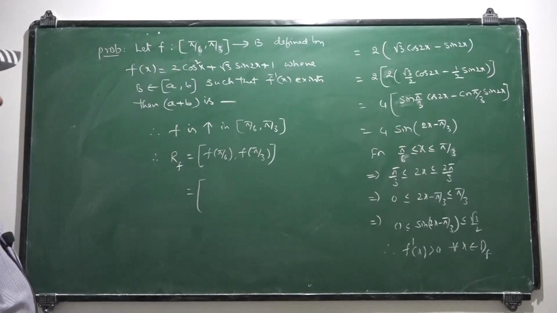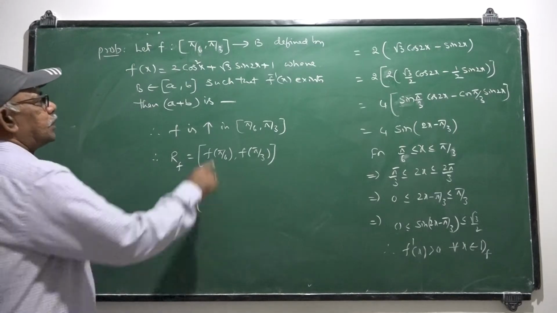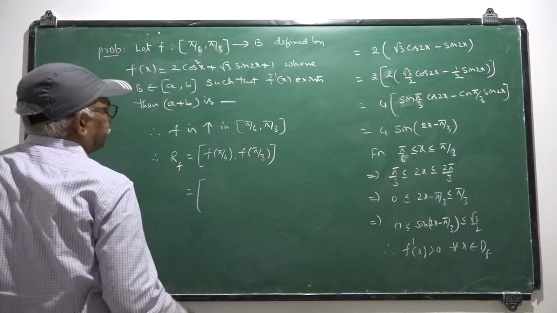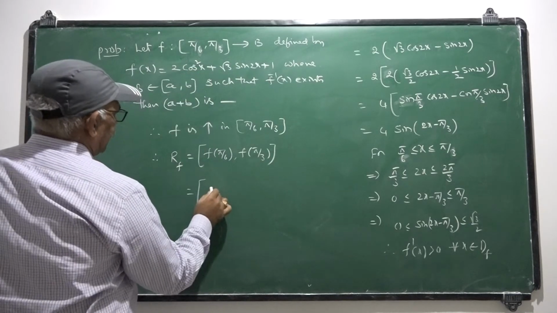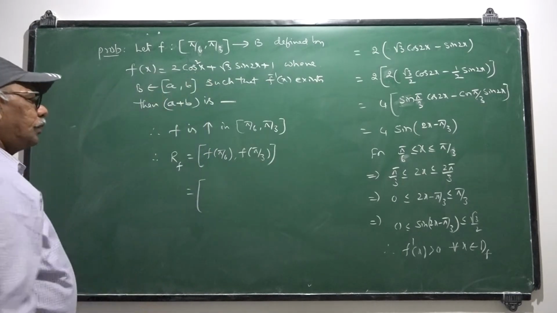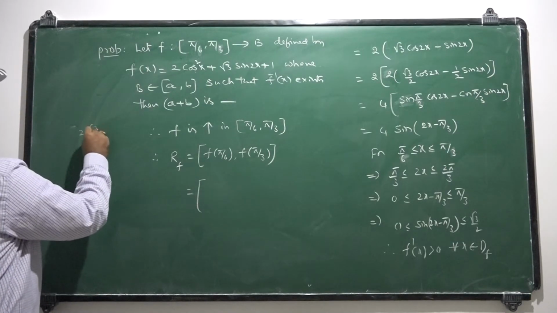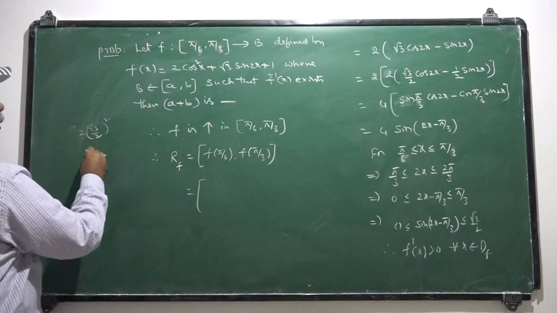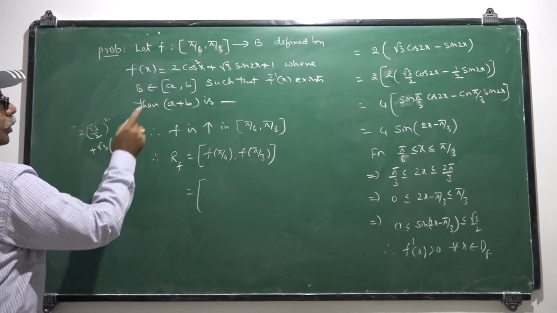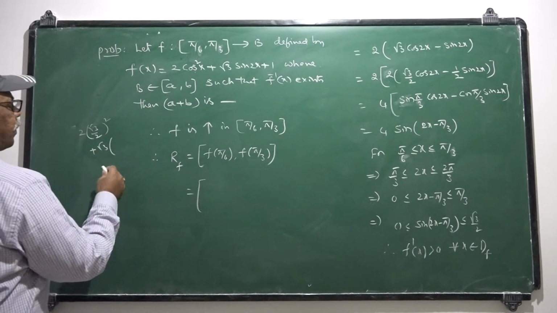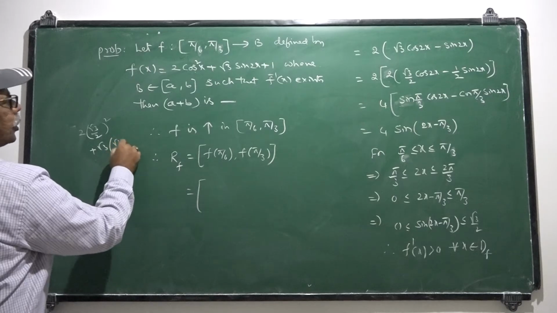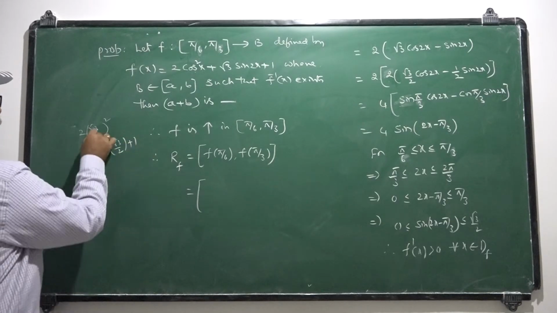F of pi by 6 means taking x equal to pi by 6 here. That is, 2 into root 3 by 2 whole square plus root 3 into sine 2x, which means sine pi by 3. Sine pi by 3 is again root 3 by 2, plus 1.